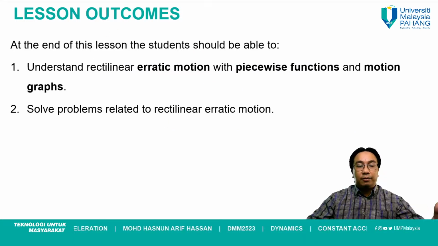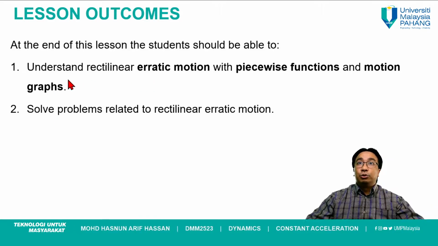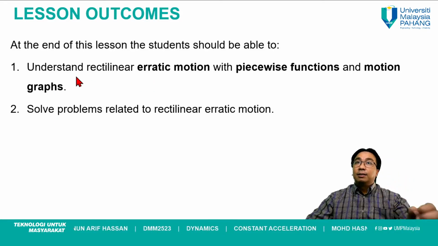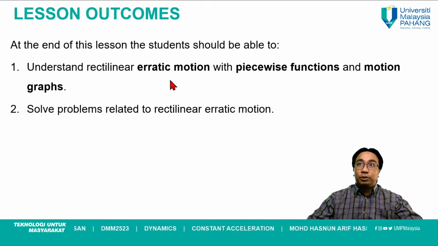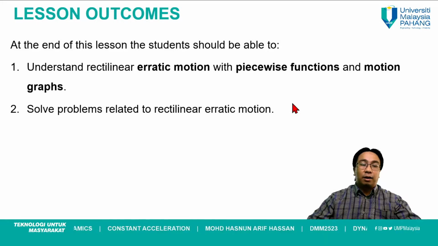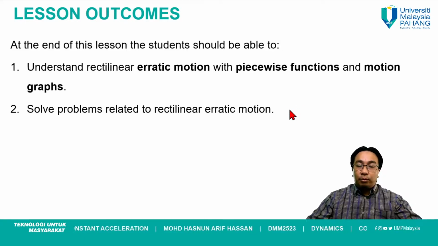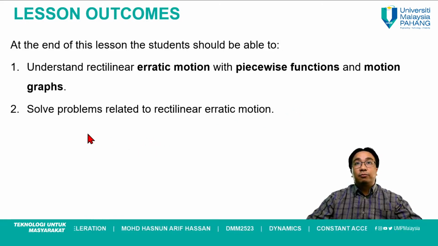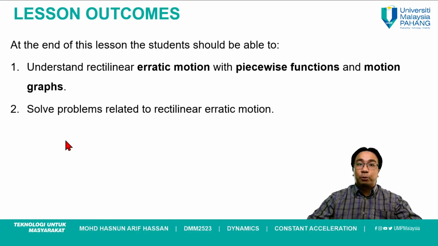After this lecture, you should be able to understand rectilinear erratic motion with piecewise function and motion graph. The second outcome is for you to be able to solve problems related to rectilinear erratic motion.